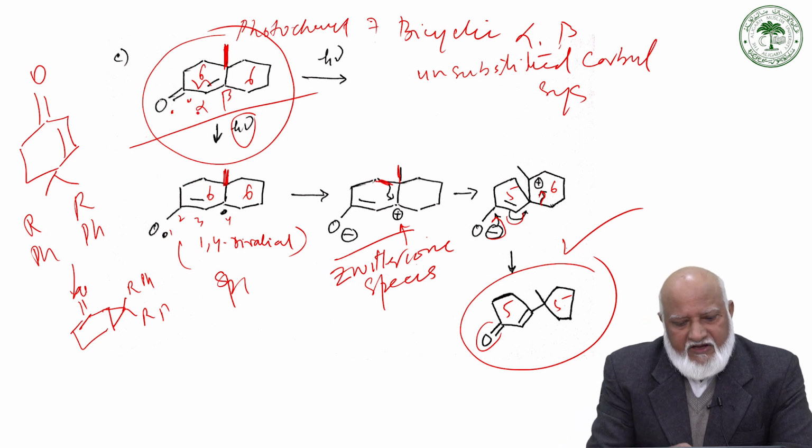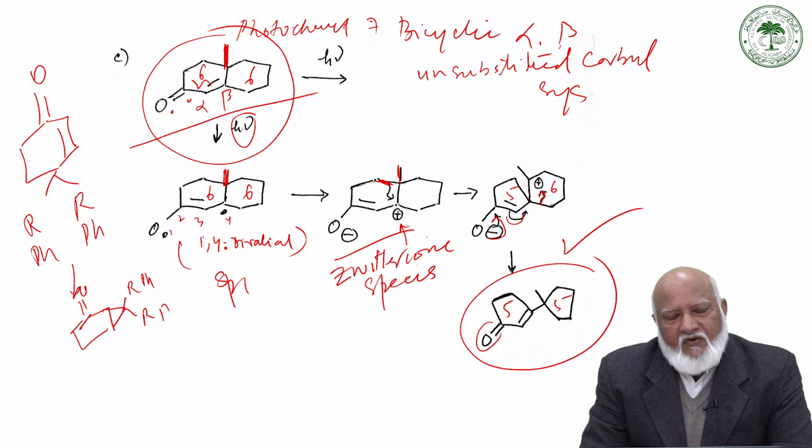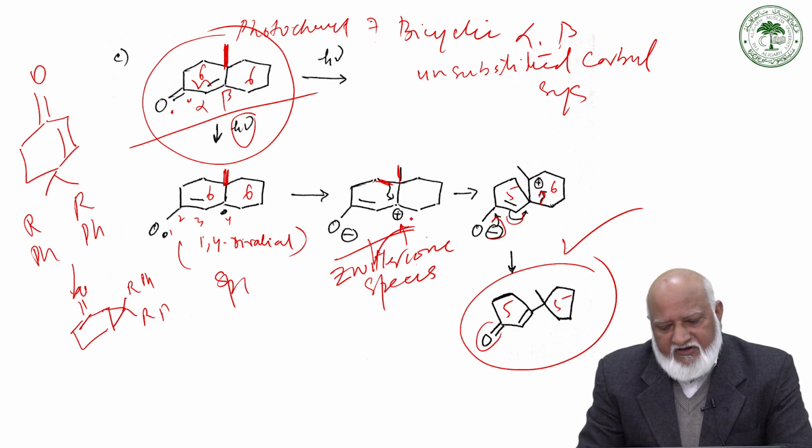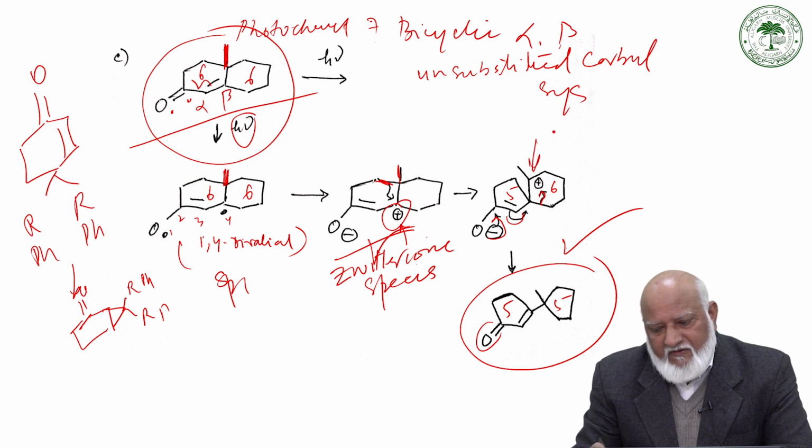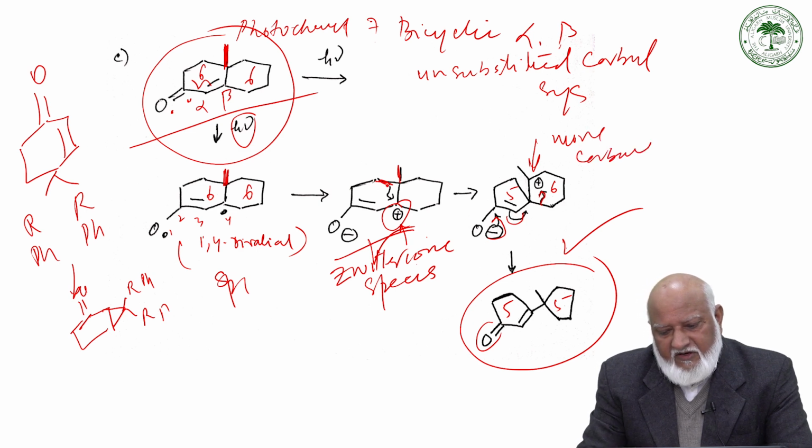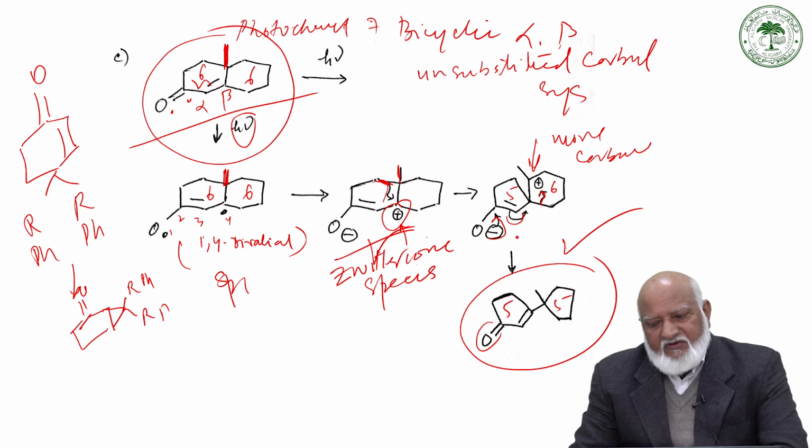First step, as we mentioned, the 1,2 diradical transforms into a 1,4 diradical, and the 1,4 diradical goes to a dipolar species, which has been found to be very common in the case of enone systems. This carbocation is transformed to a more stable carbocation through the shifting of this double bond, and then this undergoes rearrangement.